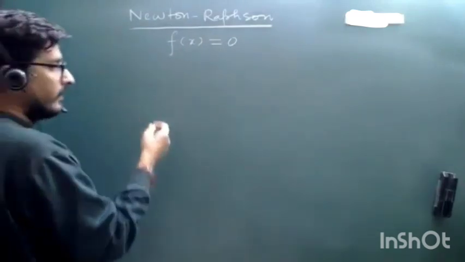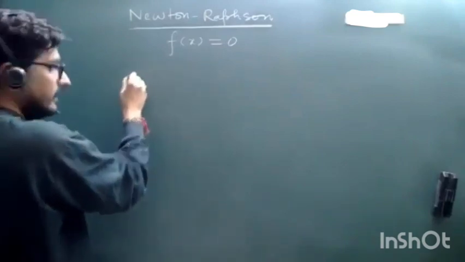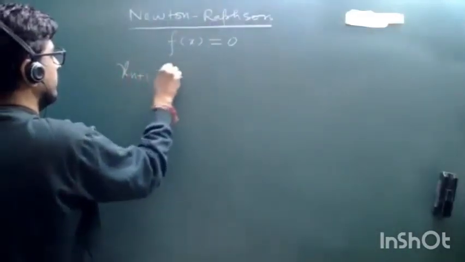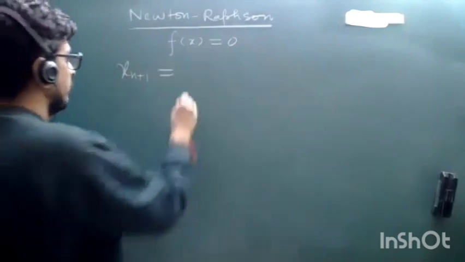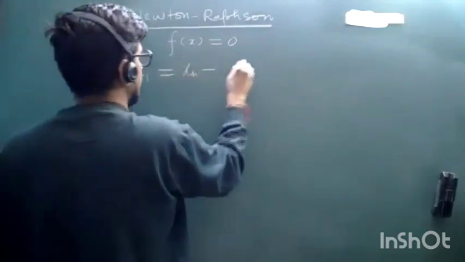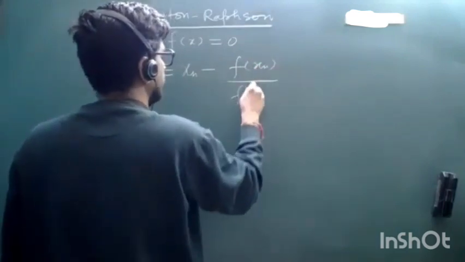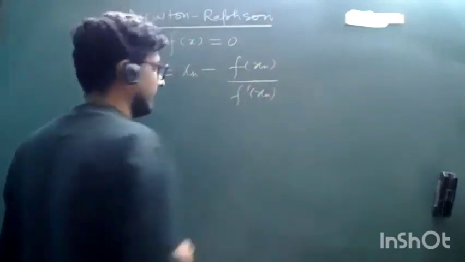That can be found by an iterative method, which is given by x(n+1) = x(n) - f(x(n)) / f'(x(n)).